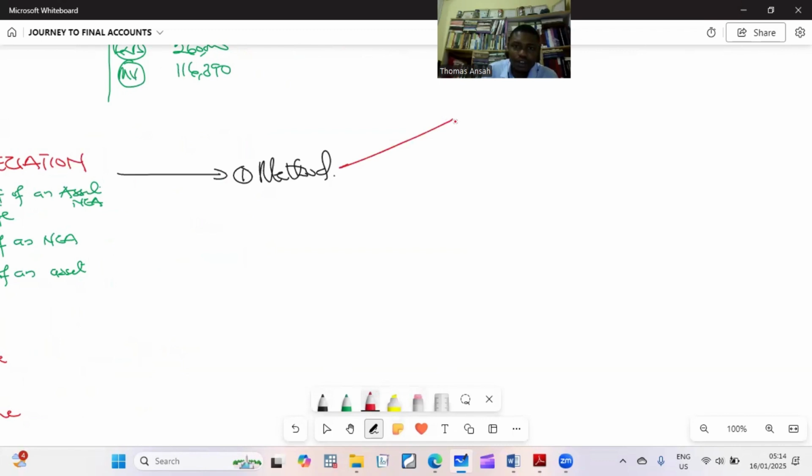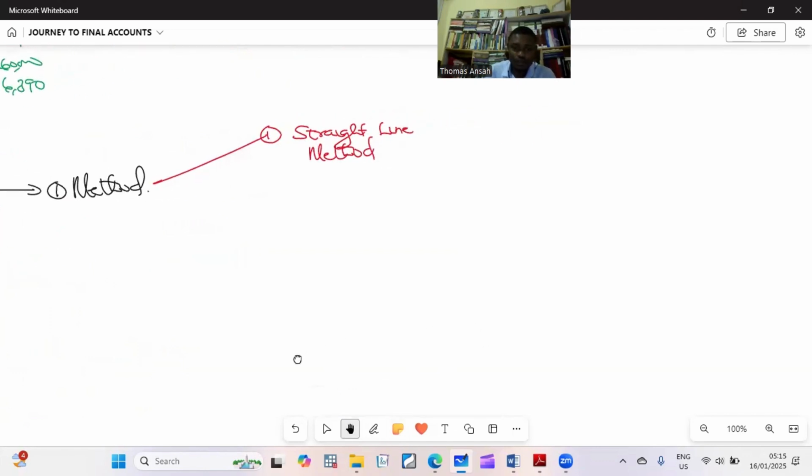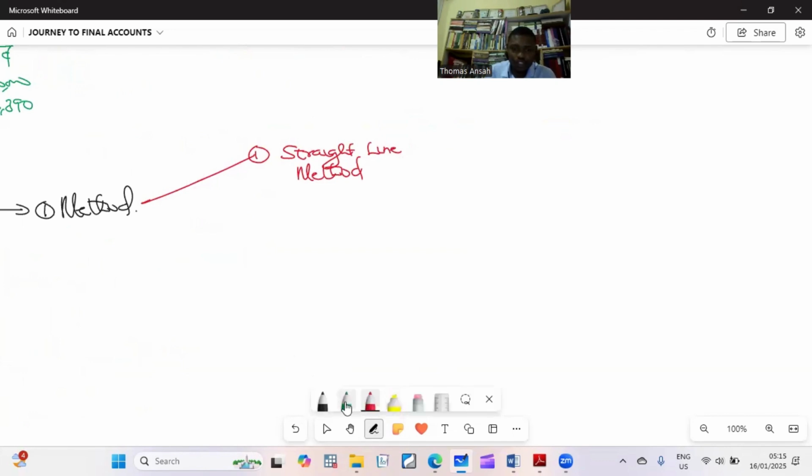Method one is the straight line method. The formula is very simple. We have basically two formulas for the straight line method. Number one is the cost, which we have learned, minus scrap value.